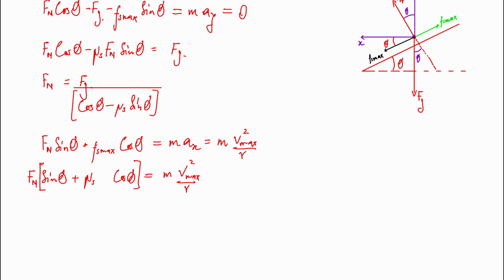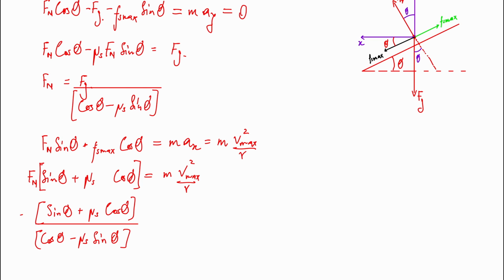If we were to do that, what we will find is sine of theta plus mu s cosine of theta divided by cosine of theta minus mu s sine of theta. I forgot Fg here. This is going to be equal to m v max squared over r.